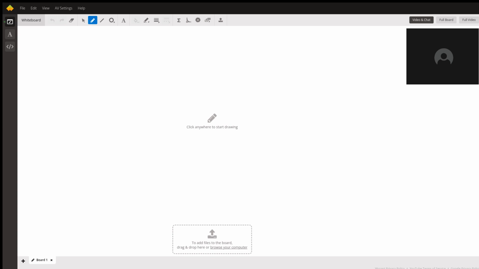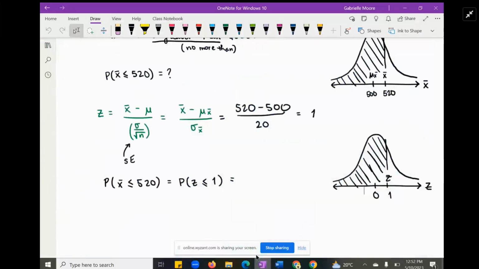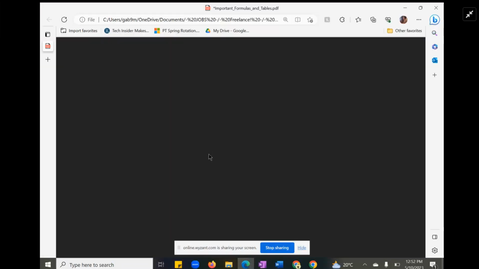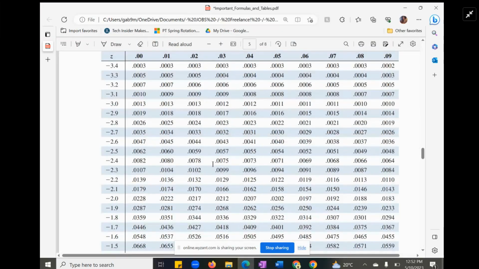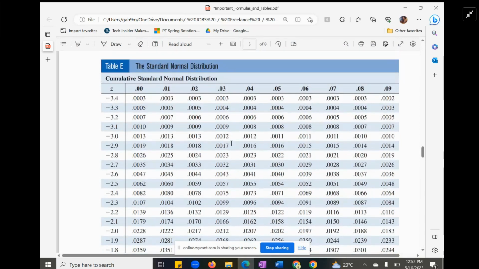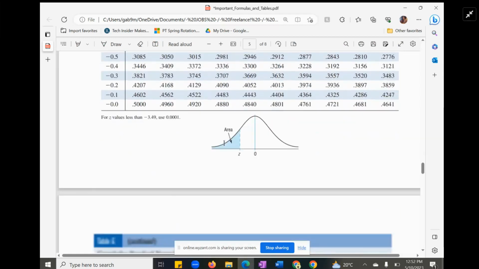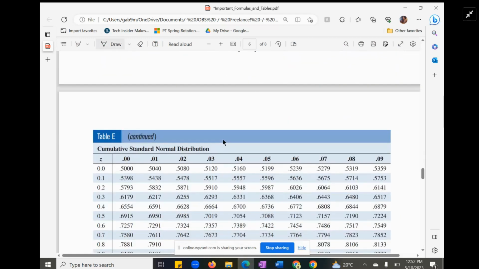Okay, so we're going to return back momentarily. All right. So here's our z-score chart, z-table, however you want to call it. And we're going to look for the area using the z-score. And our z-score is 1 or 1.00.